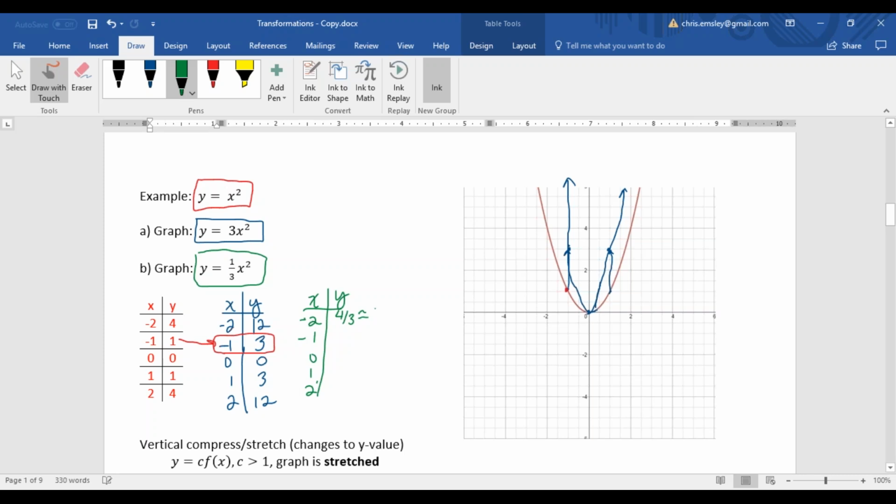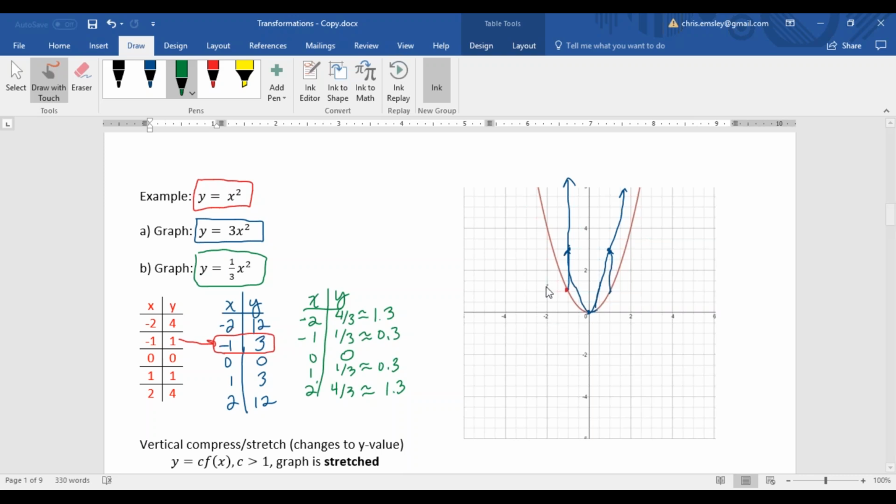Or for graphing, it might be easier to think about that as 1.3. -1 squared is 1. 1 times 1/3 is 1/3. Or 0.3. 0 times 1/3 is still 0. This one is also 1/3. And 2, again, 2 squared is 4. 4 times 1/3 is 4/3. Or 1.3.